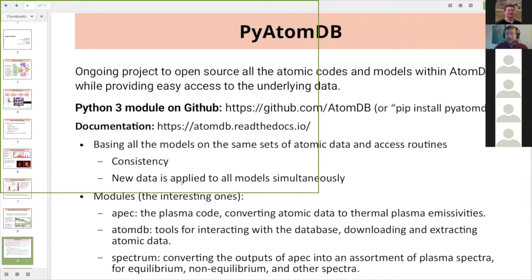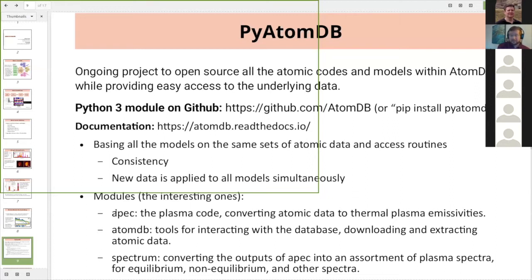So the idea of the PyAtomDB project is to standardize everything. If I'm making a charge exchange model, or a collisional excitation model or anything else, I can just tell it to use the same atomic data because it's using the same calls, the same routines. It's easily extendable, and it can be used by users to make spectra and by me to make new data files for people to use in analysis tools.